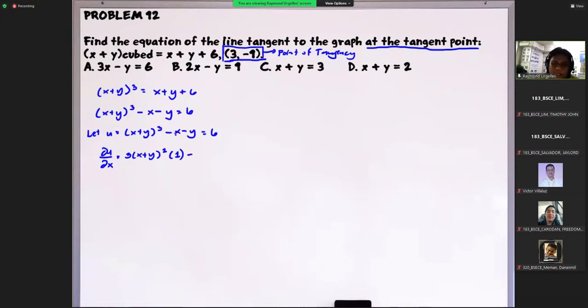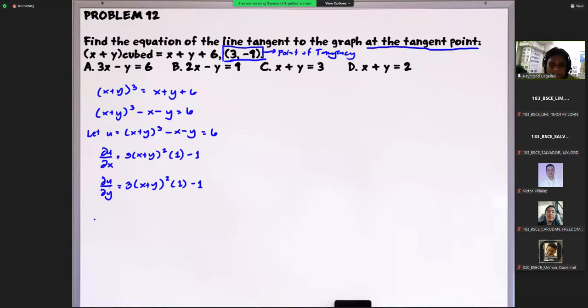Minus the derivative of x, which is 1; the derivative of y is 0, because we treat y as a constant. The partial of u with respect to y: again 3 times (x plus y) squared, times the derivative of the inside. Here x is the constant, so the derivative of x is 0 and the derivative of y is 1, so 1 remains. Then minus, derivative of y is 1, so minus 1.